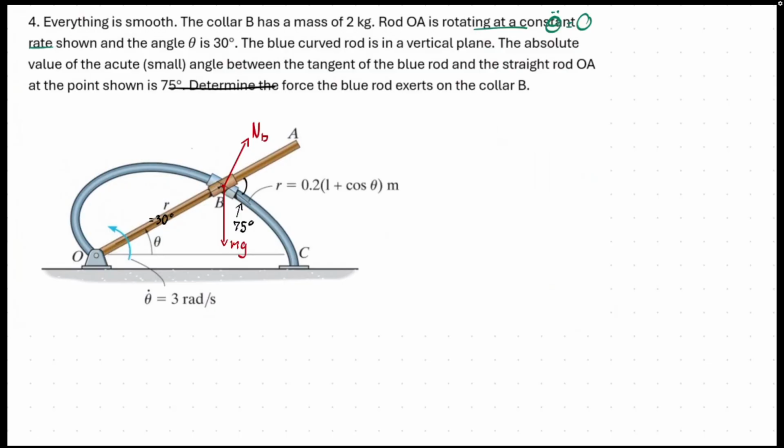I think that's actually what we're looking for, the force the blue rod exerts on collar B. And then we have another one, which is the normal force of this actual rod that this collar is sitting on. That's going to go perpendicular to this brownish rod. Brown and blue are the same letter, so we'll just call it R for like a rust color. So anyway, I think those are all our forces, and now we can determine our axes.